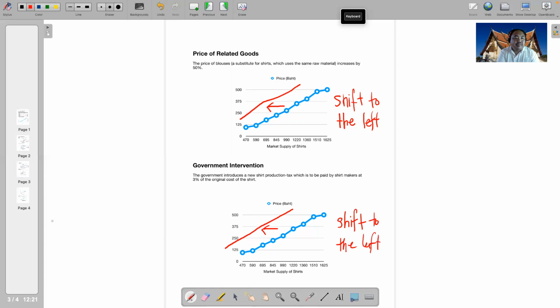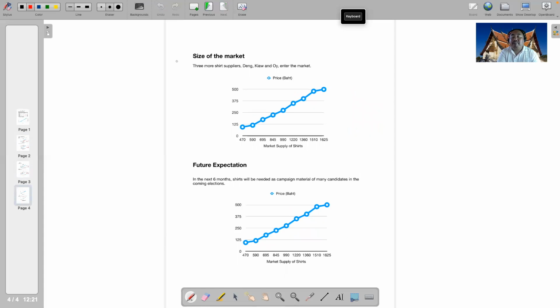Okay, let's move on to another non-price determinant of supply, the size of the market. What do you mean by that? We're just talking here about the number of suppliers in the market. Suppose in our imaginary shirt markets, three more suppliers came in, Dang, Kiao, and Oi.